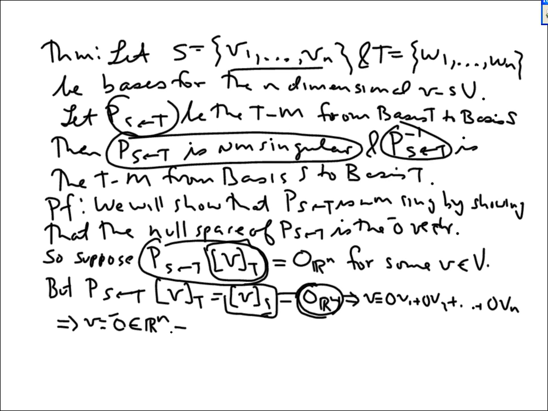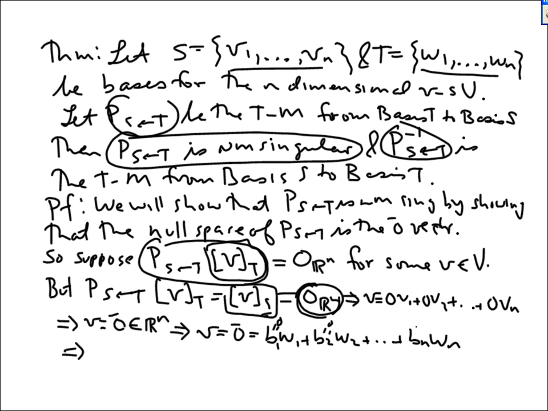Well, this implies that v, and we're going to turn to basis T now, v, which is the zero vector, is equal to b1w1 plus b2w2 all the way down to bnwn. But if all the b's are 0, it works.